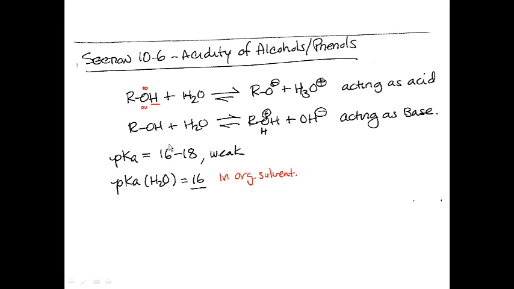What that means is that in this equilibrium, there's very little alkoxide formed, or very little oxonium ion formed. So if you dissolved an alcohol in water and measured the pH, which actually isn't as easy as it seems, you would end up with a pH that's approximately neutral, because you'd have very little hydronium and very little hydroxide formed.